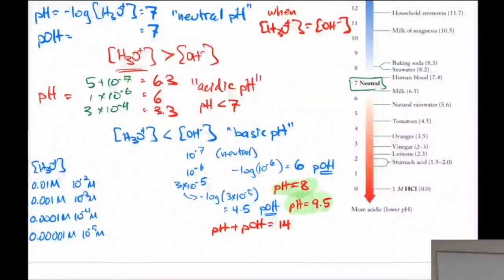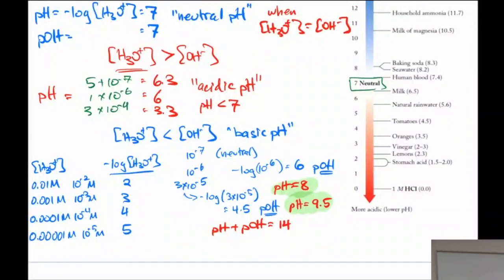What does that do to the pH that we would measure? The pH, which is negative log of the hydronium ion concentration. So I made all these easy for you. What's the negative log of 10 to the minus 2nd? 2. Negative log of 10 to the minus 3rd is 3, 4, 5.